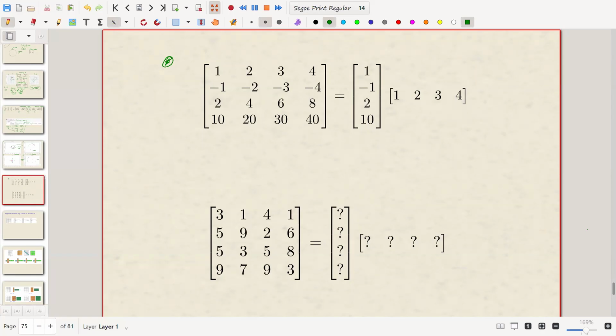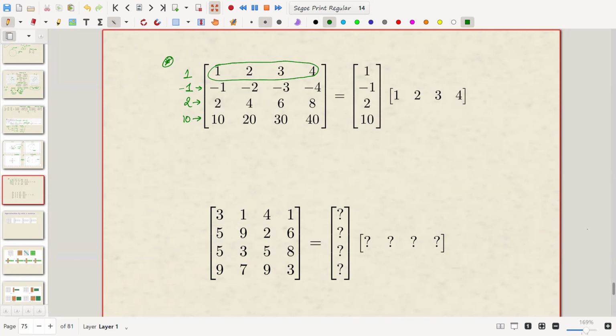If you take this row, 1, 2, 3, 4, and multiply this vector by 1, you get that vector. If you multiply the first vector with minus 1, you get the second row. You multiply the first vector by 2 and you get 2, 4, 6, 8. You multiply the first vector by 10 and you get 10, 20, 30, and 40.